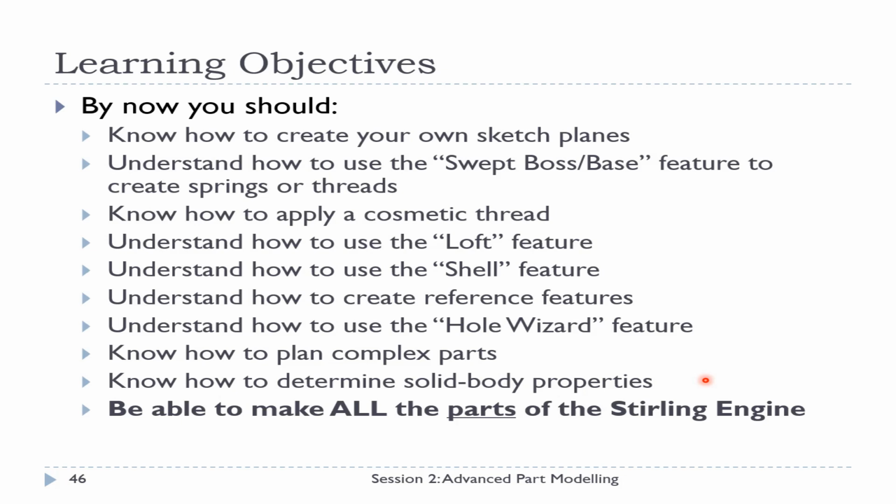So now you have skills to make all parts that you need to make for the Stirling engine that you need to submit at the end of the semester. So please try to model these parts as soon as you can, so that you have time to remake all these parts.